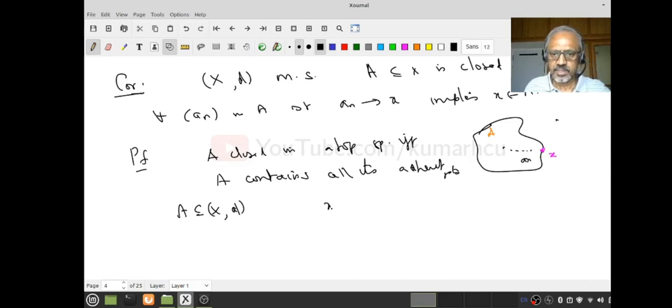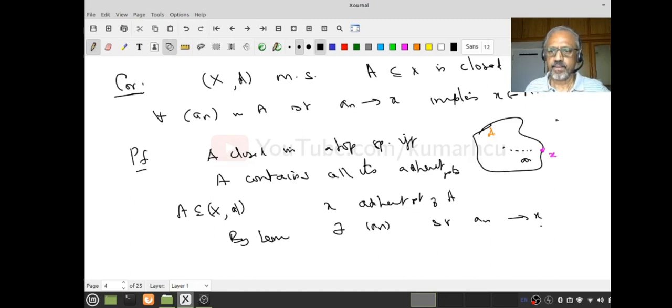That means let x be an adherent point of A. Since x is an adherent point, by the last lemma, there is a sequence a_n so that a_n converges to x. But what is our assumption about A? Therefore x is in A.